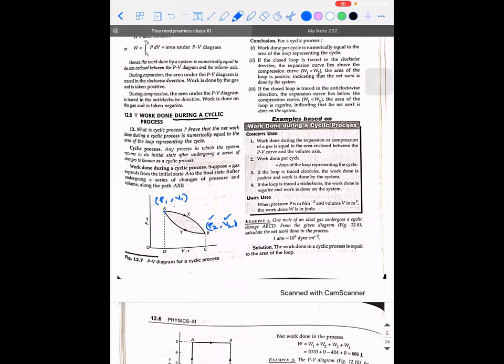If I wrote it in terms of coordinates, I should have written V1 comma P1, because V is on the x-axis and P is on the y-axis. But that's not the way we are writing it here. P1 comma V1 represents the state of the system at that instant, and P2 comma V2 represents the state at some other point. So here, this is a non-cyclic process where the thermodynamic parameters are carried from A to B.